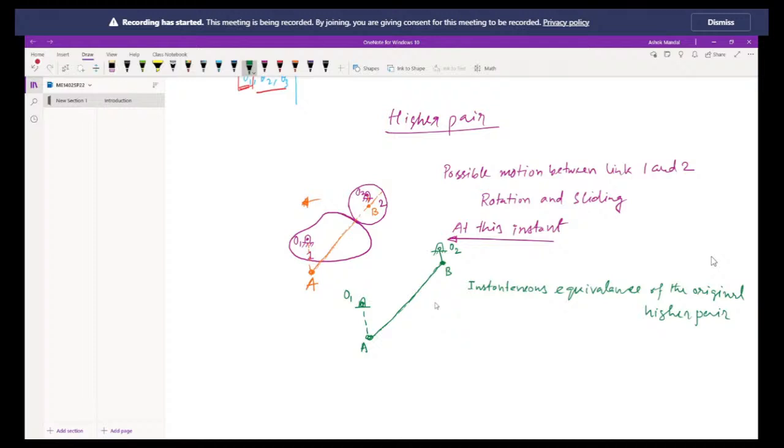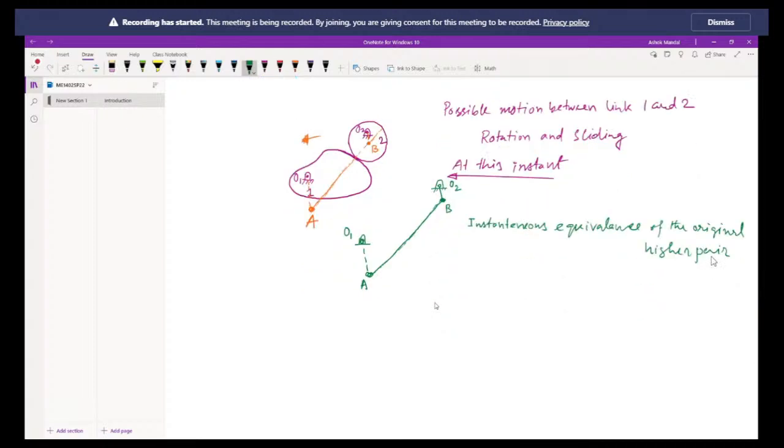Okay, now we will take one practical example to understand this. So actually we are claiming here that one higher pair is equivalent to two lower pairs.